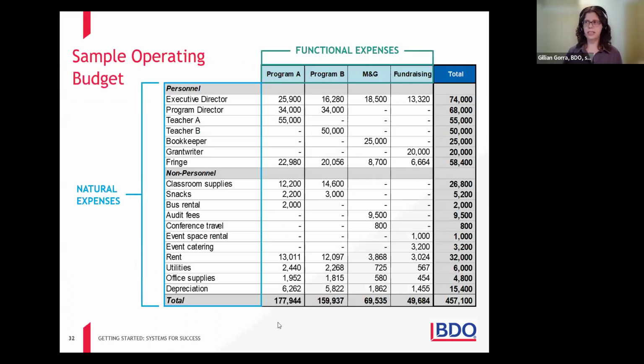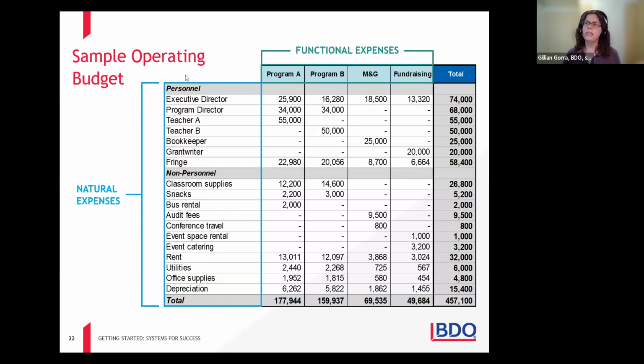So here's an example. We see our functions up here, and we've got our programs broken out; in this hypothetical, this organization has two programs, program A and B. Then we've got our admin function, management and general, M and G, and fundraising. So the functions are really the columns that go left to right. The natural expenses, remember, the what did I buy? These are the rows, the line items that go up and down here.